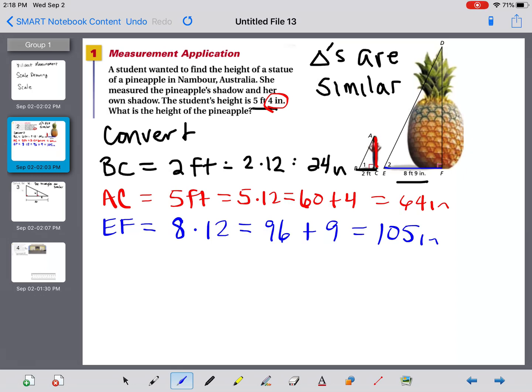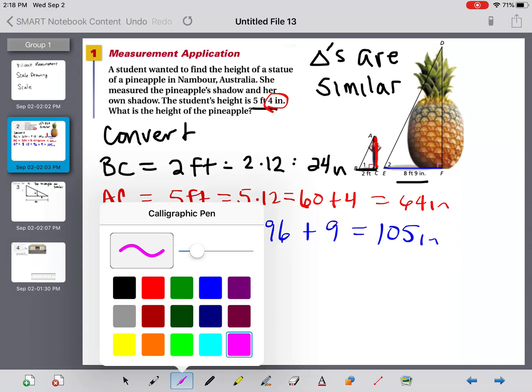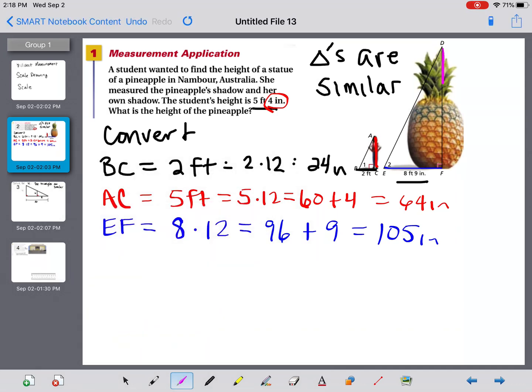So if we set up our proportion where this is the height we're looking for, this is our unknown side, then we can set up the proportion like this.